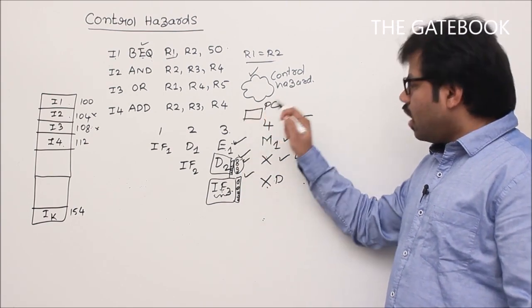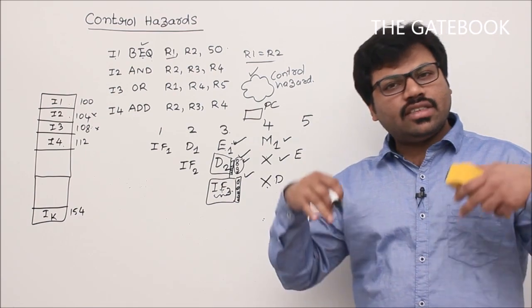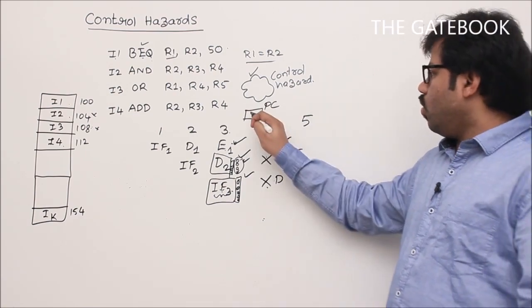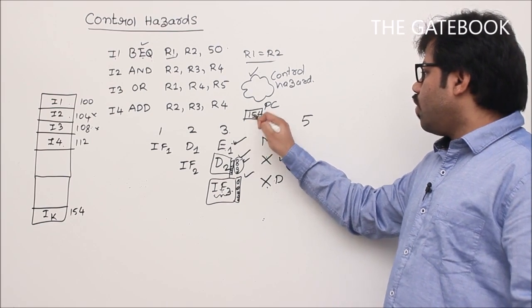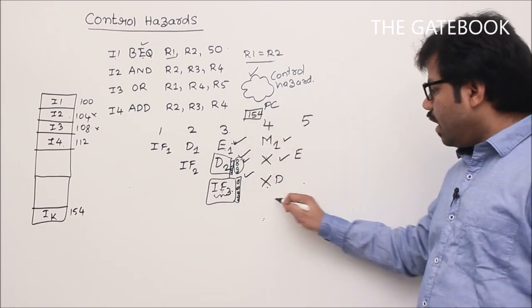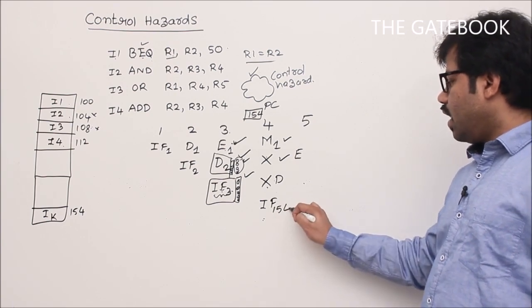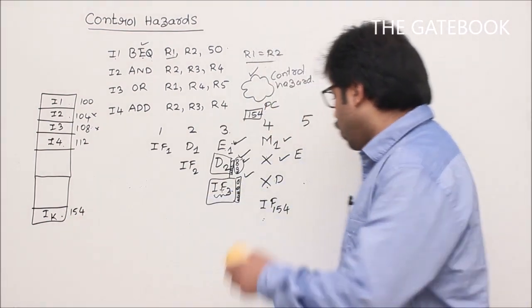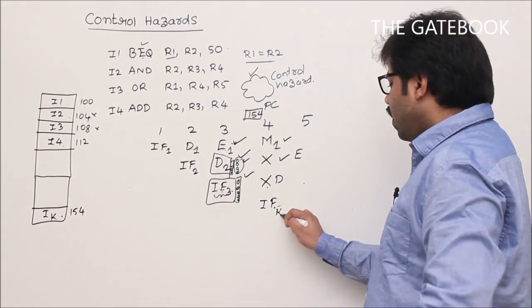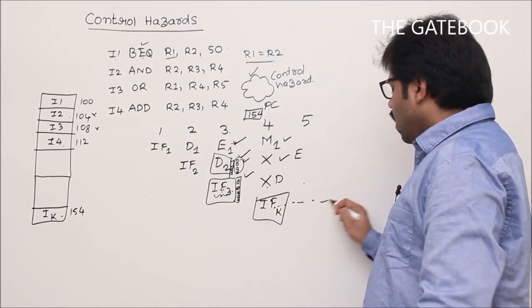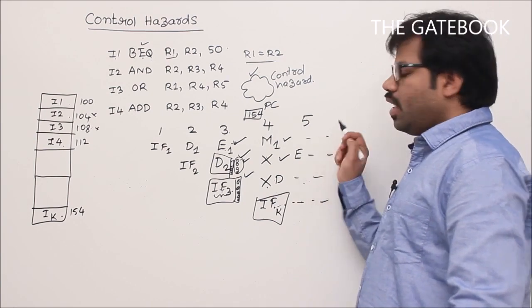Assume that in the execution stage itself we are updating the program counter. So the program counter shows 154 by that time. Then when you fetch the instruction, which instruction will be fetched? The instruction at 154, that is IK. So after that we know the story, because if really this is fetched in the 4th clock cycle, everything is going to be okay. Correct?